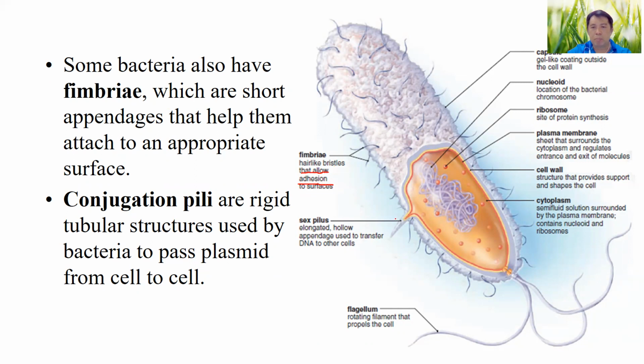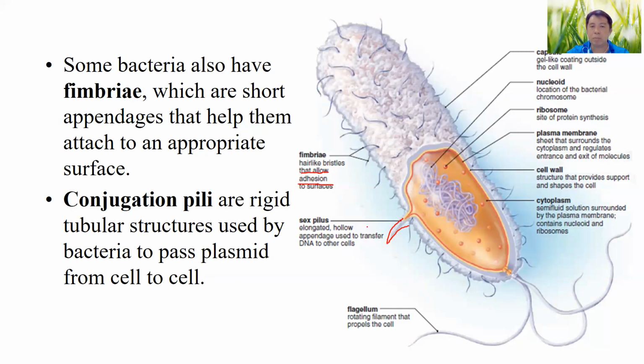Conjugation pili function for conjugation to take place. Conjugation is something like sexual reproduction in bacteria. They are rigid tubular structures used by the bacteria to pass the plasmid from cell to cell.